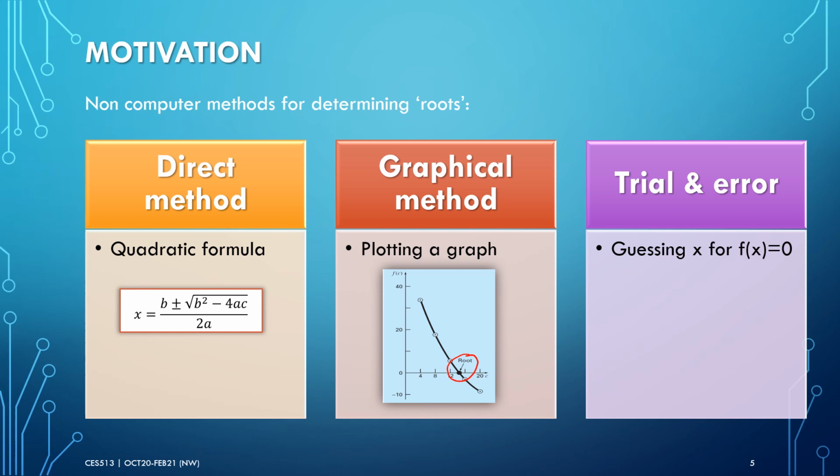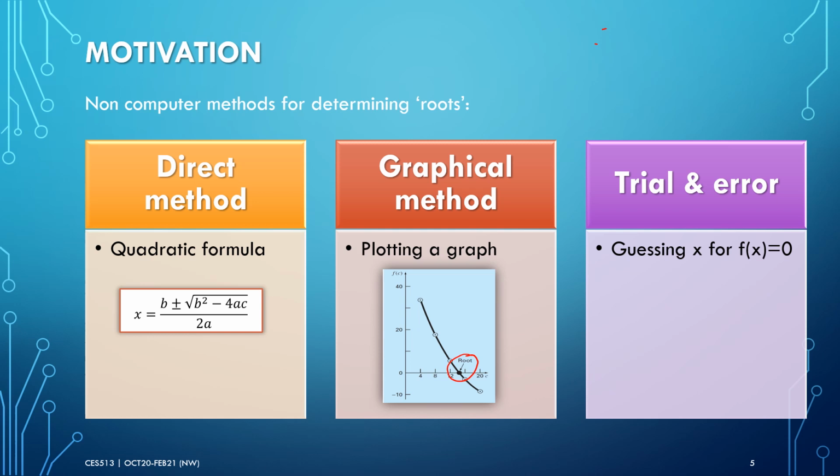And the third one is the trial and error method. This technique consists of guessing a value of x, or the root of the function, and evaluating whether f(x) is 0. This process is repeated until a guess is obtained that results in an f(x) that is very close to 0.